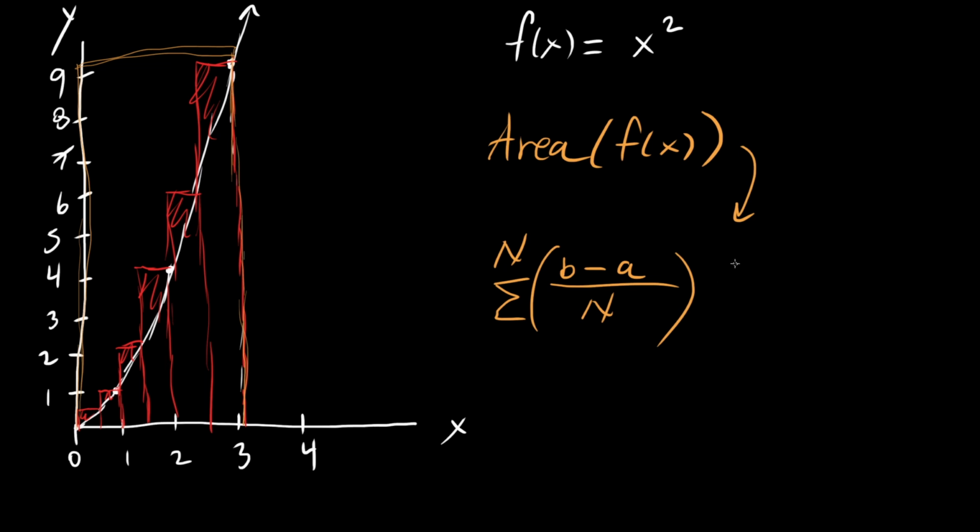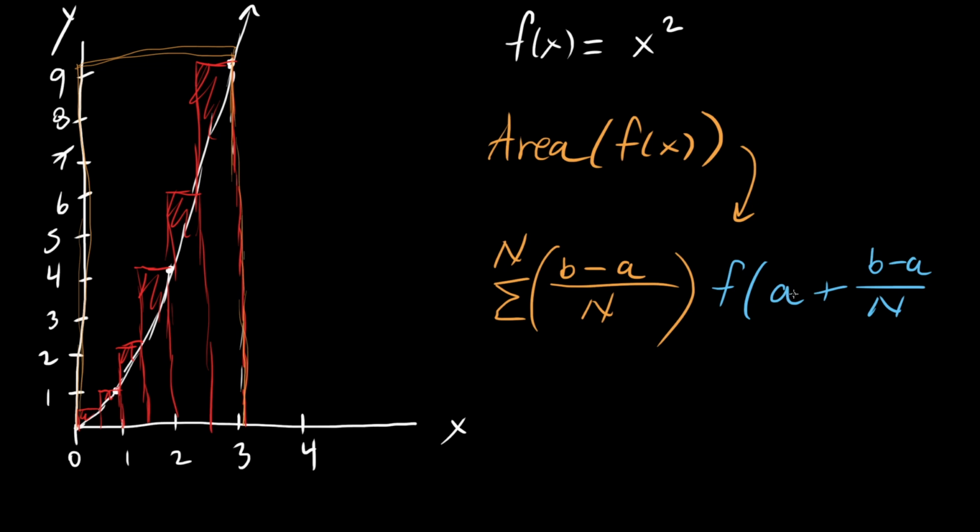So let me just, it should be not f of x, but it should be f of the starting point, a, plus b minus a over n.